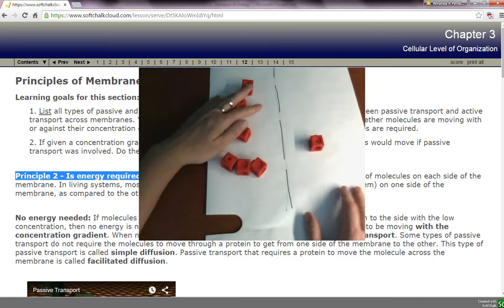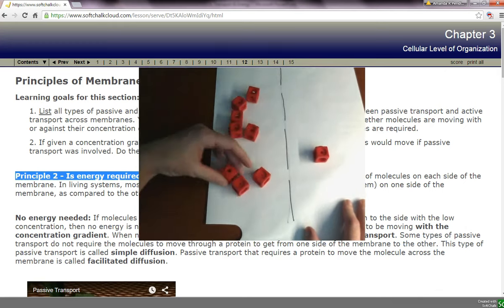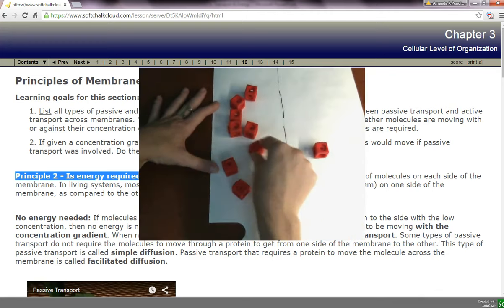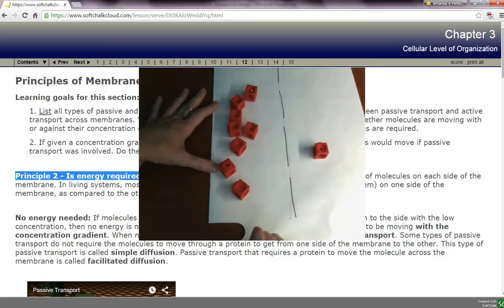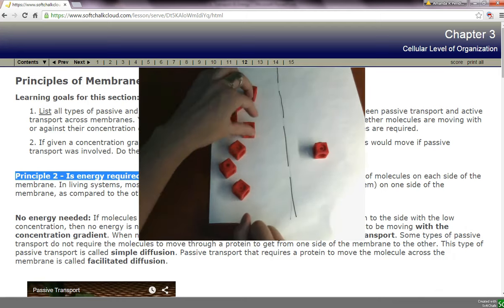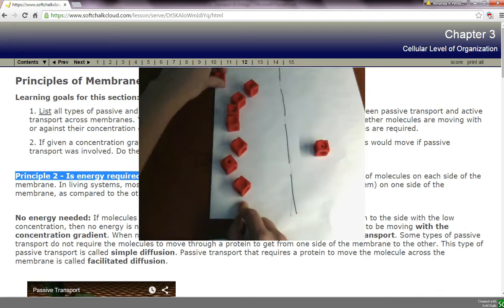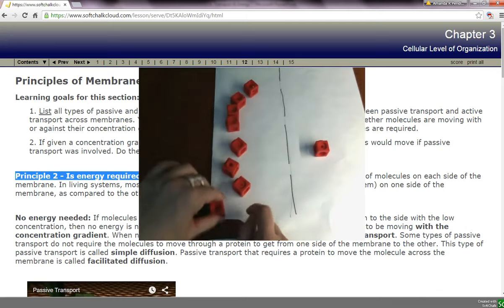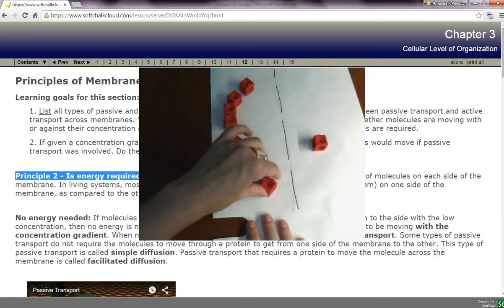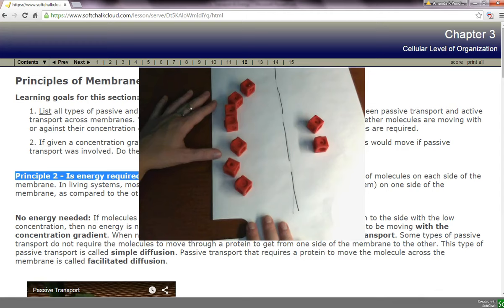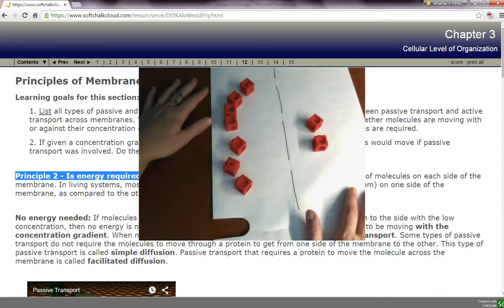So what's actually going on? Well, it turns out that molecules have random motion, and this is called Brownian motion, and there's a video of it in the homework, I believe, where you can see it, and they're just kind of bouncing around randomly. Now, if they bounce around enough, eventually they're going to hit a hole and go through. All of these molecules are bouncing around.